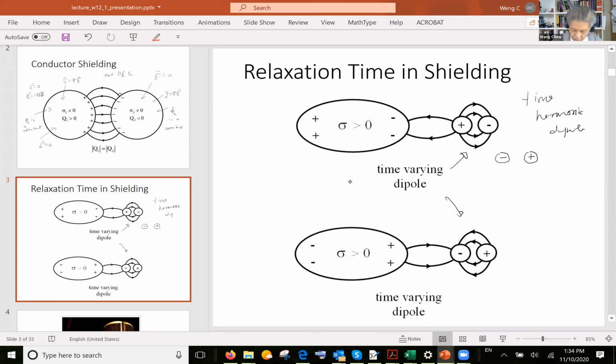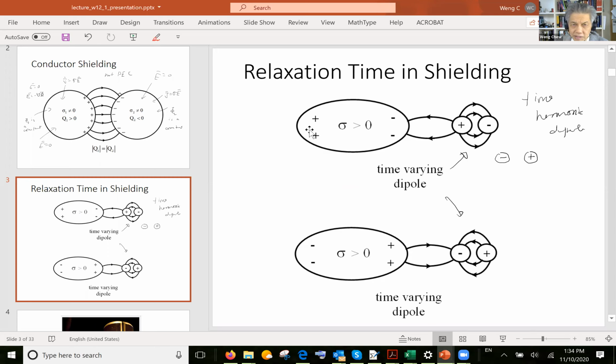So let's assume that the dipole is slowly varying. When the dipole is positive on this side and negative on that side, it must have attracted negative charges to come to this side.